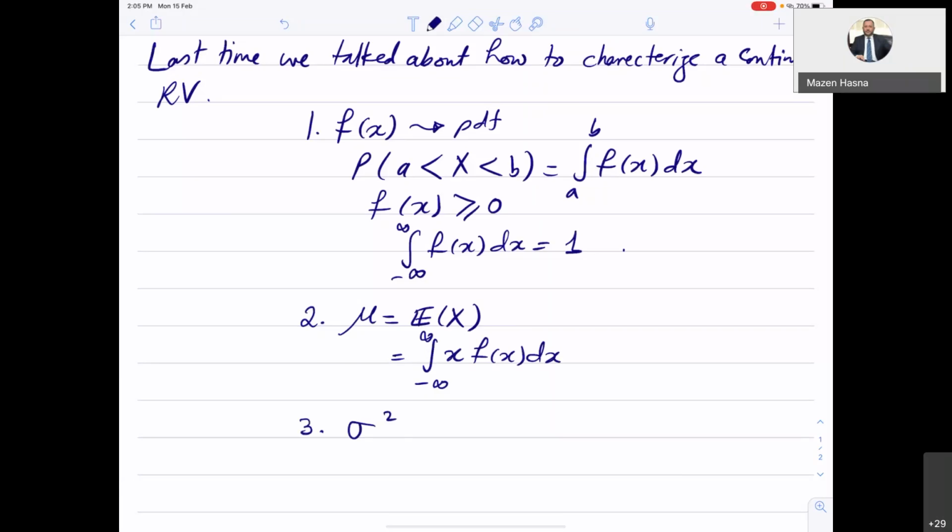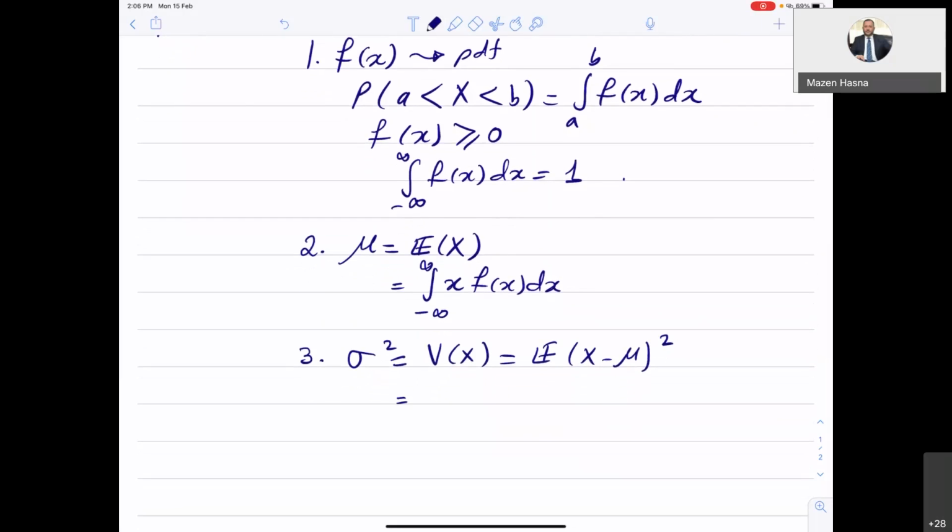Talked about also the variance, or V of x, or sometimes we call it expected value of (x minus mu) squared. And again, the way we define it is just integration from minus infinity to infinity of (x minus mu) squared f of x dx, or a simpler way to do it is the integral of x squared f of x dx minus mu squared.